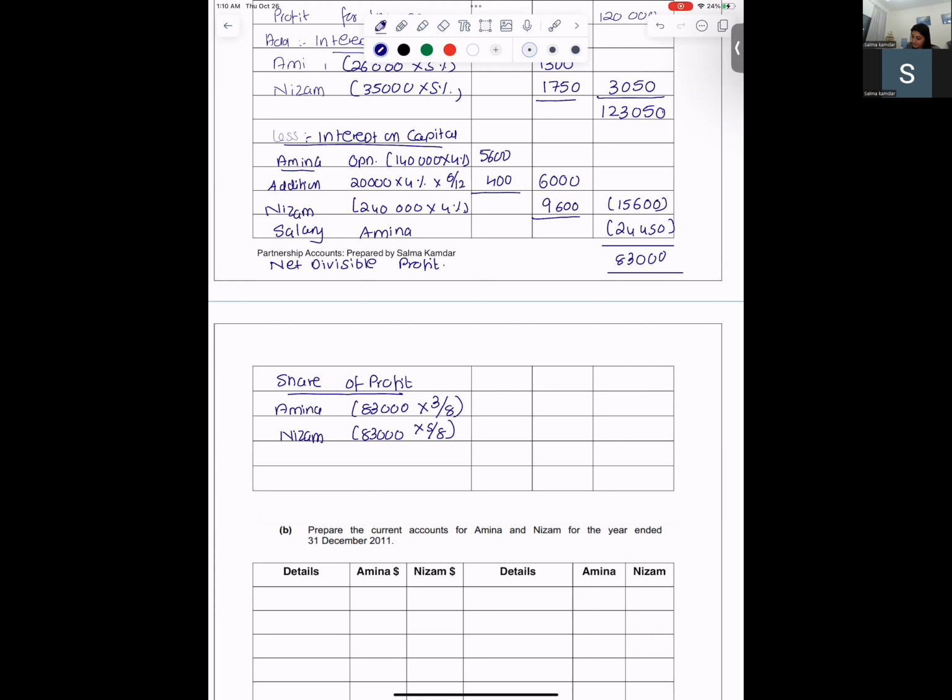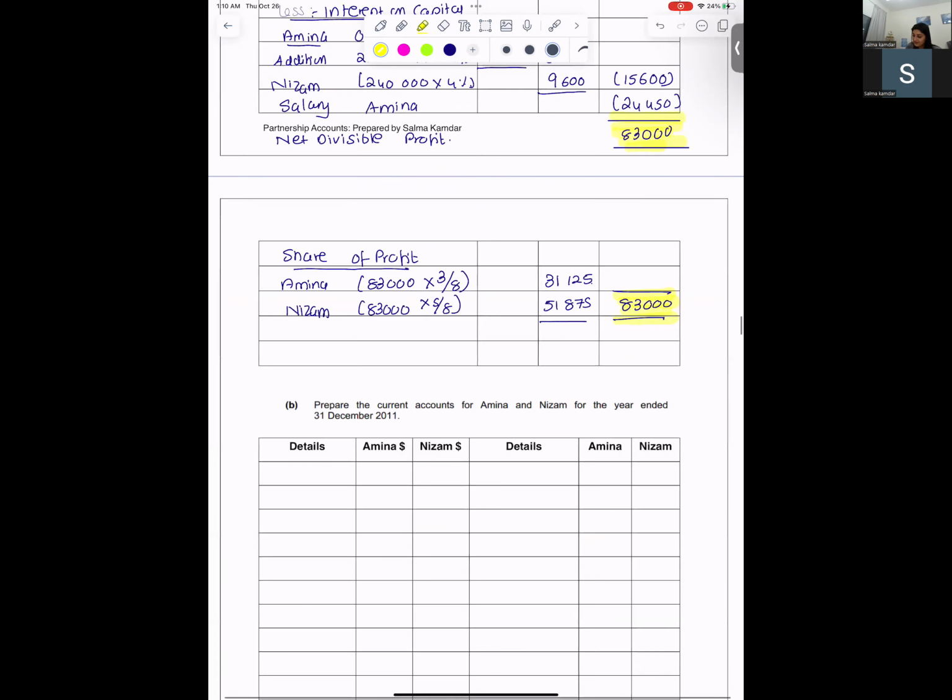It is coming up to 31,125 for Amina and 51,875 for Nizam. The same 83,000 is split between Amina and Nizam. Please note that this figure and this figure should be the same in between two lines.